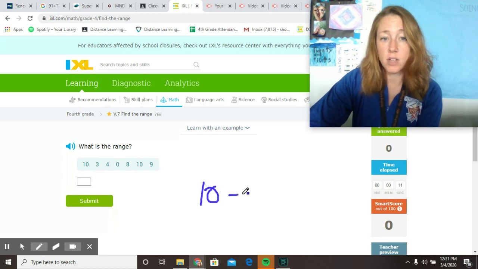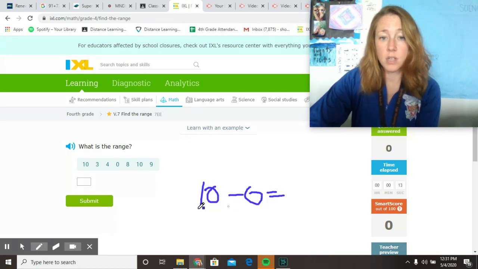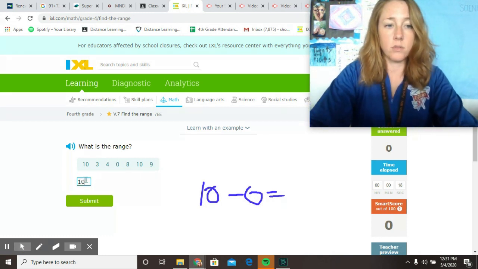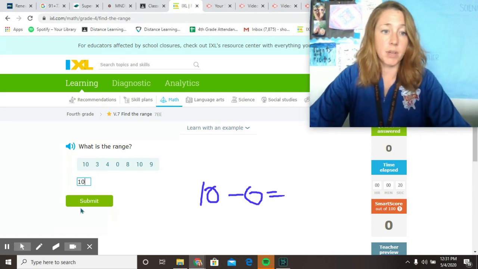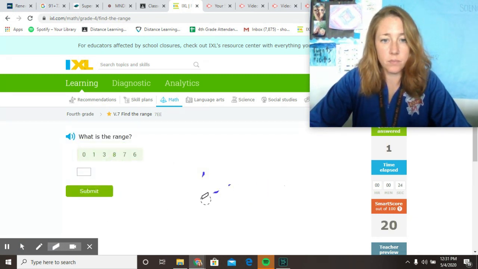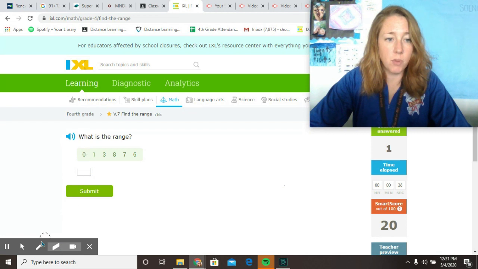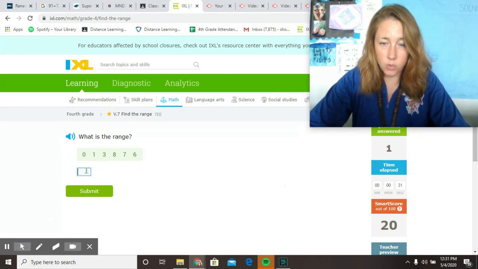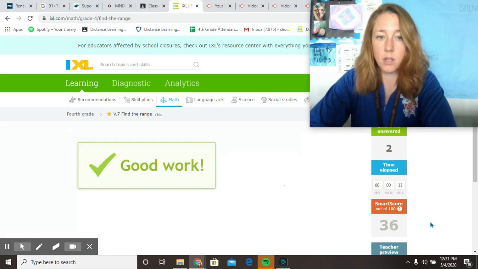I'm just going to write it out for now. 10 minus 0 equals 10. So that's my range. 10 between my smallest number and my biggest number. This one, same thing. Find my smallest number, which is 0. My largest number is 8. 8 minus 0 is 8.